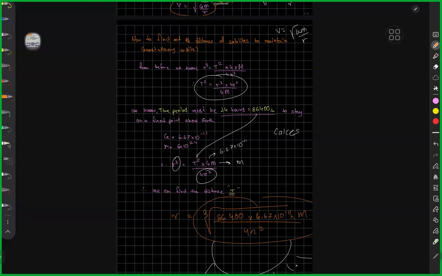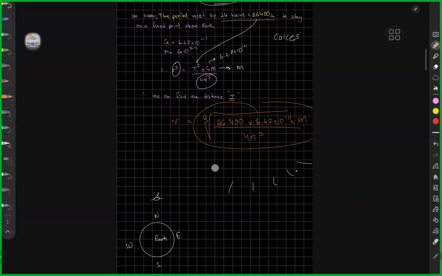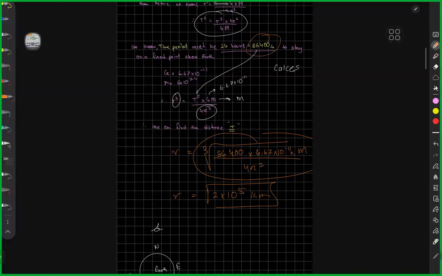Whatever value you get over here, let's say it is 2 times 10 to the power 5 kilometers, I'm just guessing. This is not the altitude, it's the distance from the center of Earth that the satellite should be at to be in a geostationary orbit, because it needs exactly 24 hours of orbit time. So it stays right on top of the observatory, let's say.